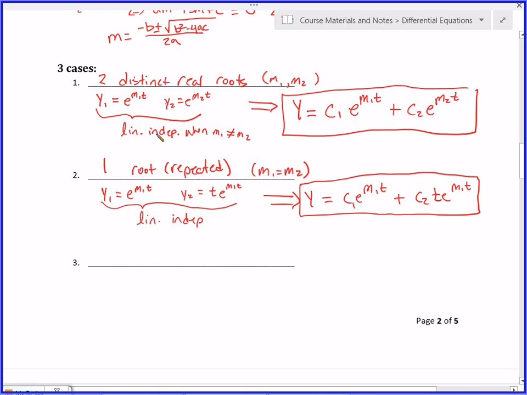Now, what if the discriminant is negative? There's no roots. Oh, no. That's what we told the basic, high school algebra students when they first saw the quadratic formula. But we all know better. There is solutions, right? What are they? Not real. Call them complex.